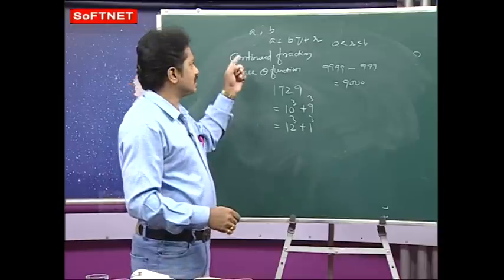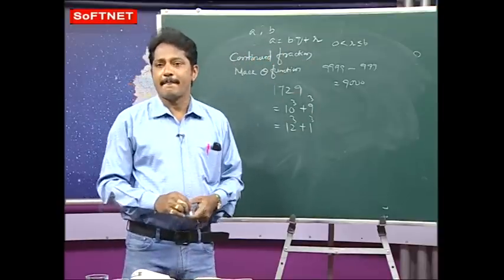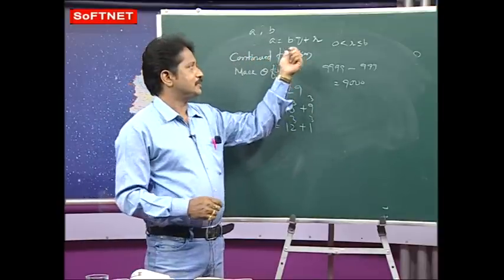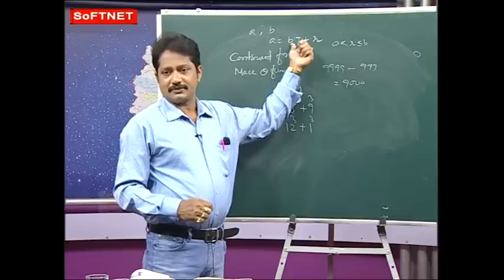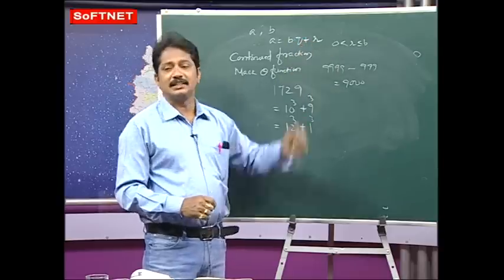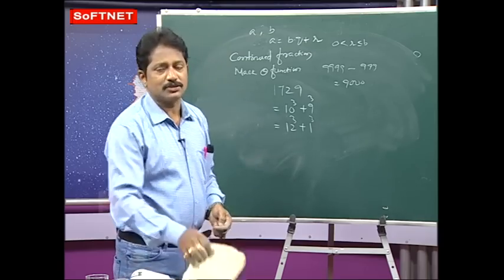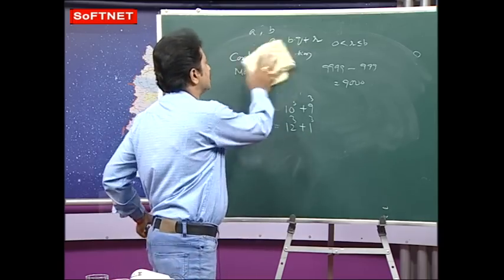Clear? This is Euclid's Lemma, and here a is the dividend, b is the divisor, q is the quotient, and r is the remainder, and its applications are based on LCM and GCD. Clear? Okay.